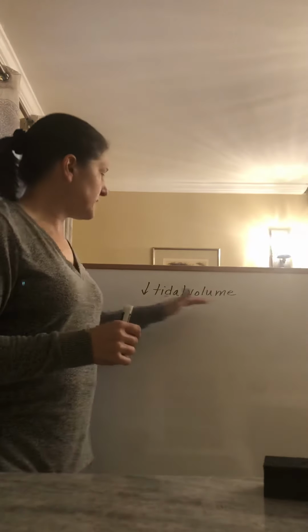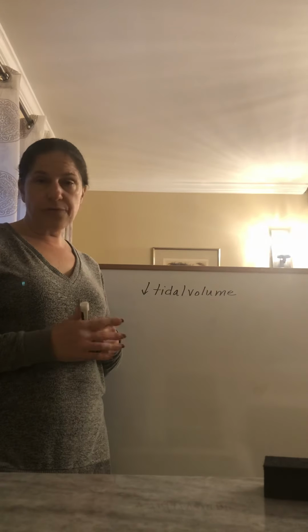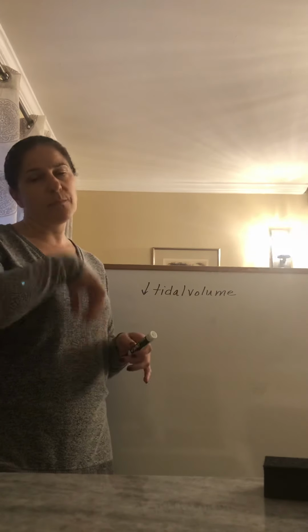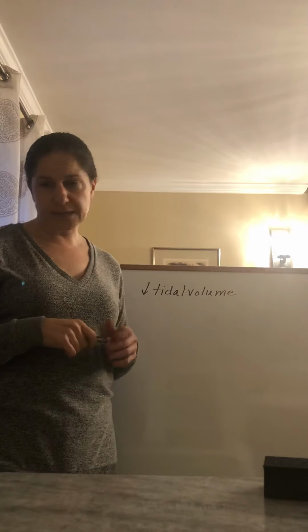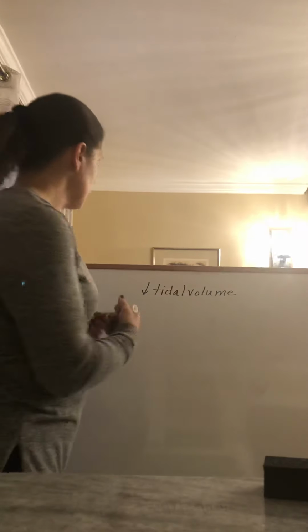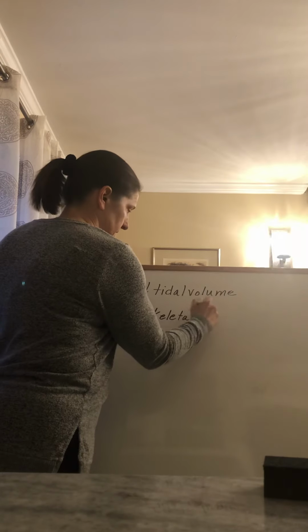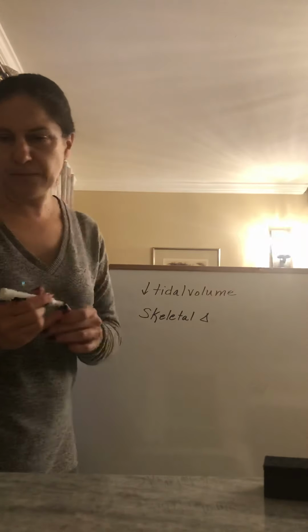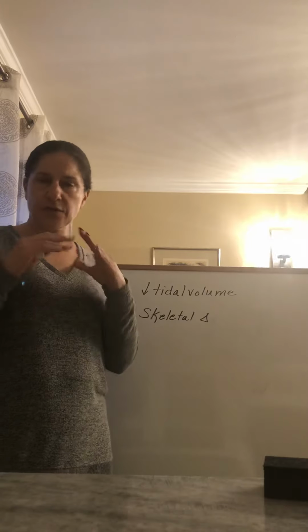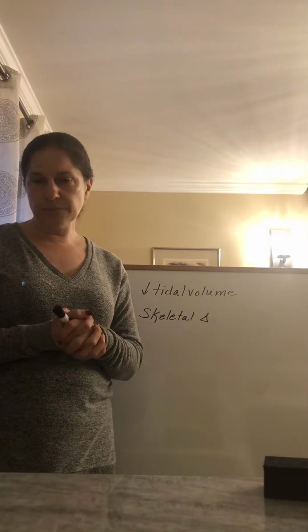So if you have a decrease in tidal volume with every breath, you're obviously not getting enough oxygen and not forcing enough carbon dioxide out. So someone could have a skeletal deformity, whereby their chest wall, the physical structure of it, is not normal.